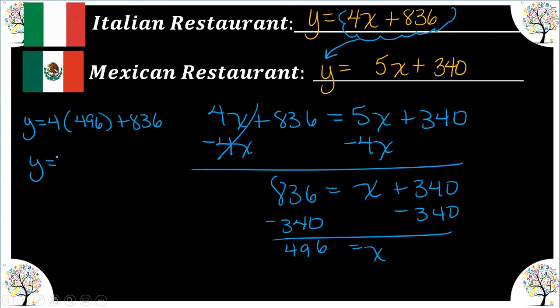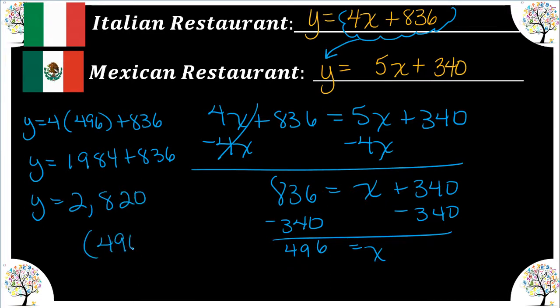So let's grab our handy dandy calculator. 4 times 496 gives us 1,984 plus the 836, and that gives a total of 2,820. So with 496 dinners sold, each will have contributed $2,820. So this is dinners, and this is total amount.